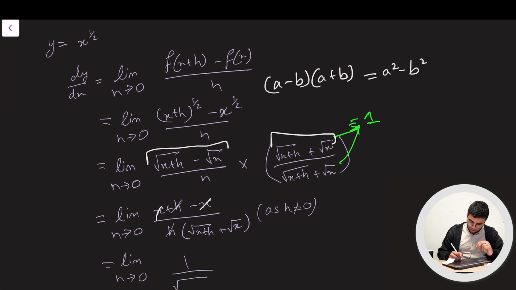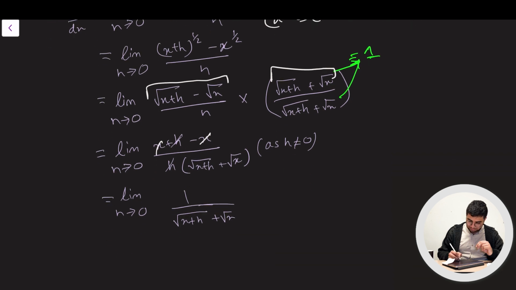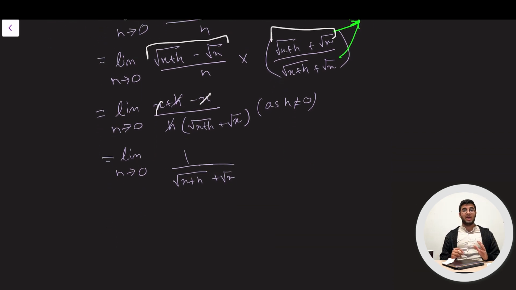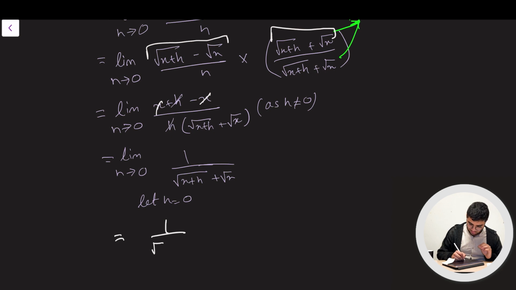We're left with 1 over square root of x plus h plus square root x. Now, again, having h as 0 has no issues. So let h equal 0. That leaves us with 1 over square root x plus square root x, which gives us 1 over 2 square root x.